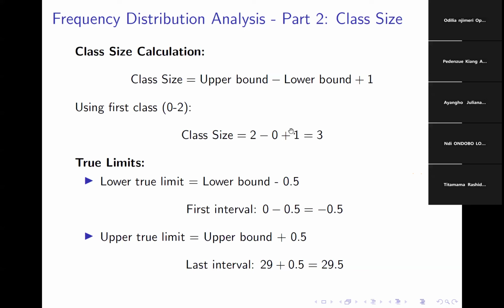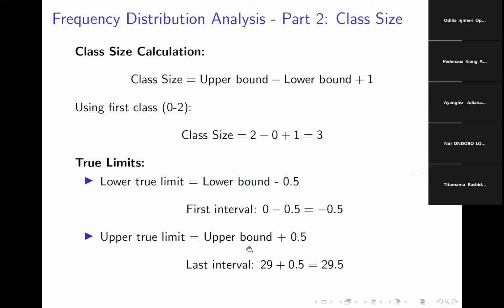Once you get the difference between the upper and the lower bound, you can get your lower true limit, because this question asks you to calculate the lower true limits. Your lower true limit would be the lower bound minus 0.5, which you can obtain from the first interval, 0 minus 0.5, which gives you minus 0.5.